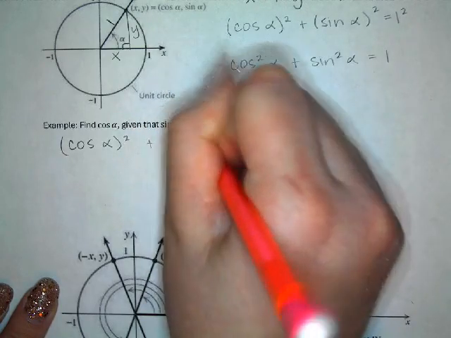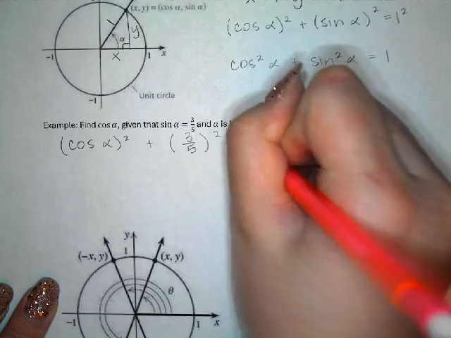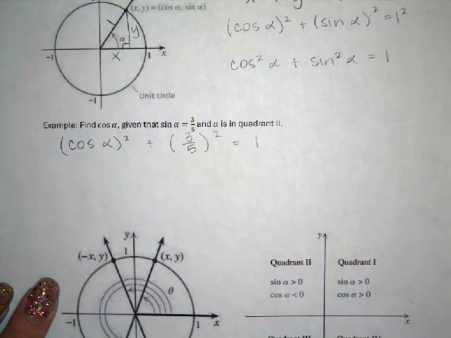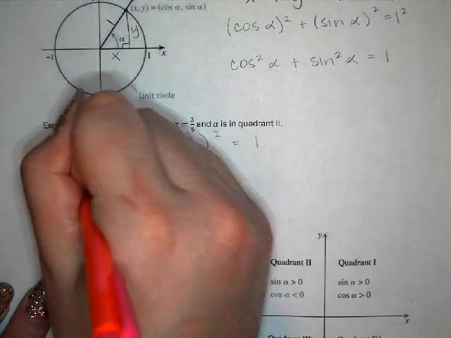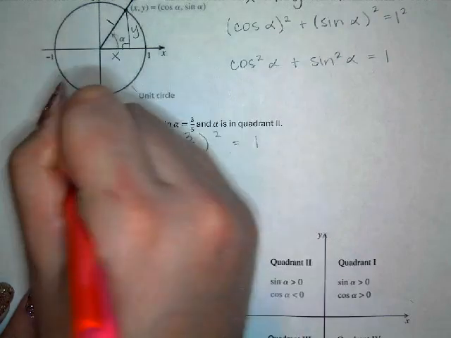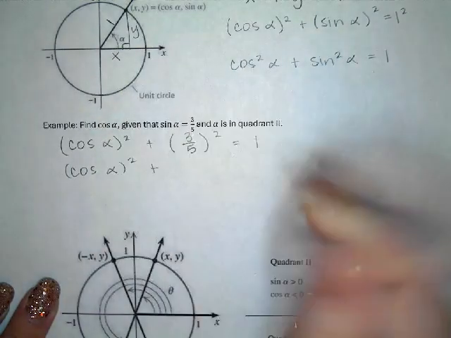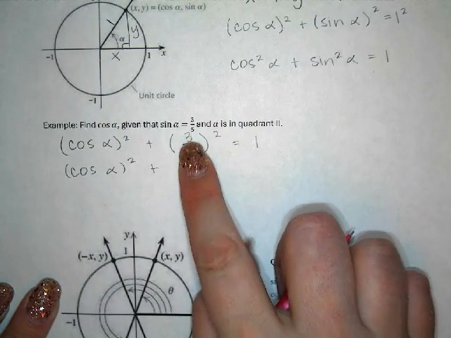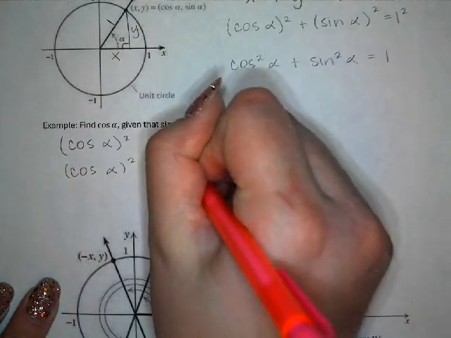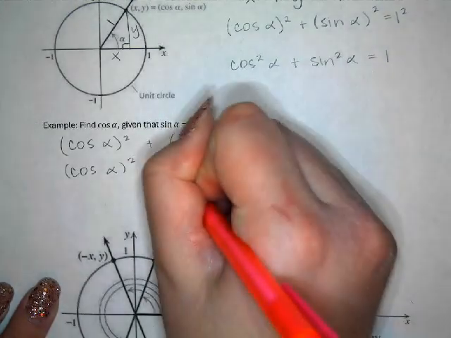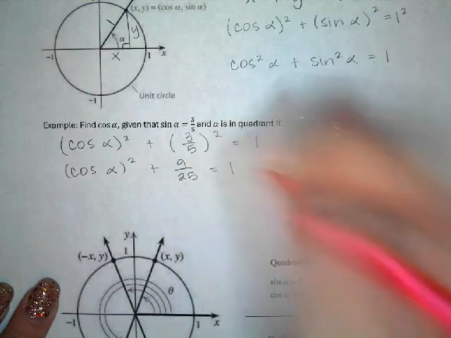And so cos alpha squared, if I square this fraction, I get 3 squared, which is 9, over 5 squared, which is 25. That equals 1. To solve for this, I'm going to take 9 over 25 and subtract it to this side.